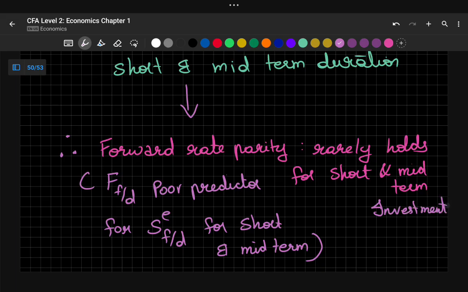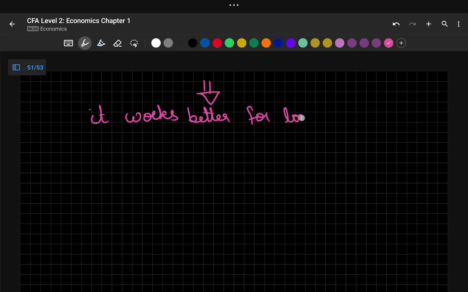Okay, but then why are we studying this forward rate parity condition? It is because even though it rarely holds for short and mid-term investment, it works better for long-term prediction.